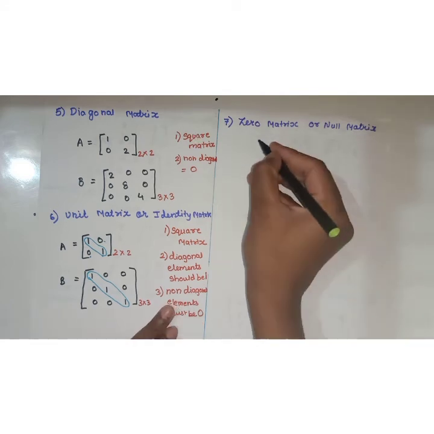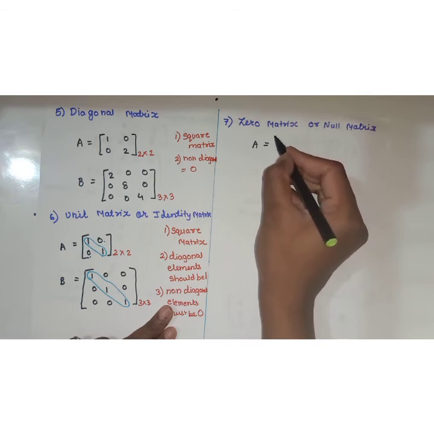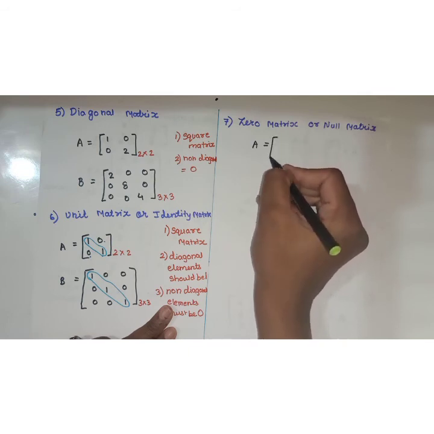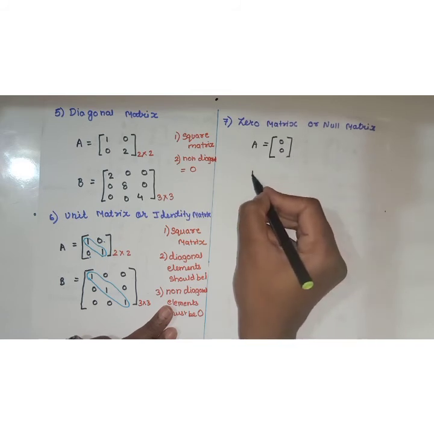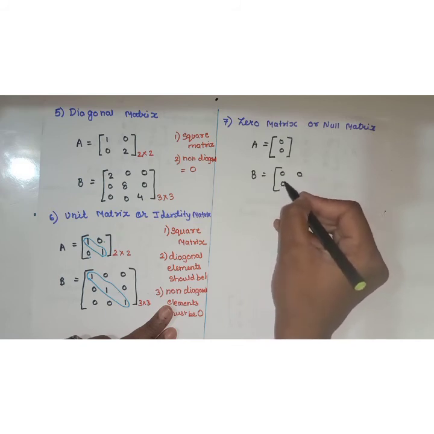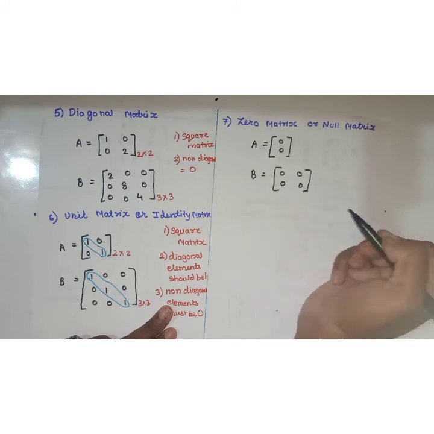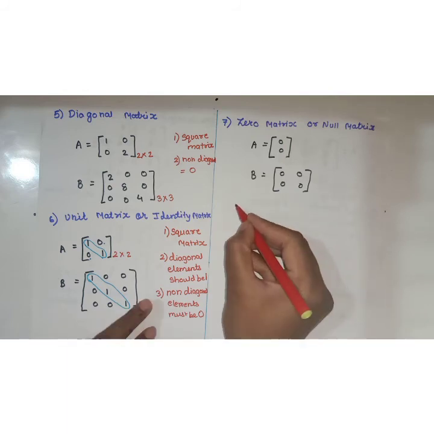For example, A equals 0, 0. B equals, if each of the elements is 0, then such a matrix is called a zero matrix.